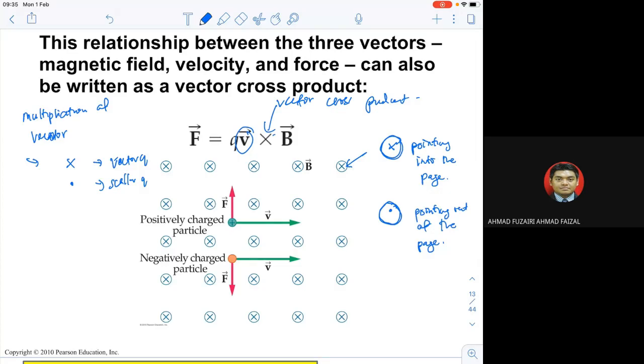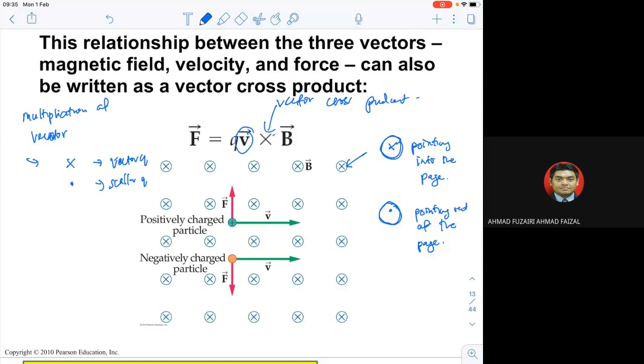So V cross B: V goes into your x-axis, going into B. B is into the page.